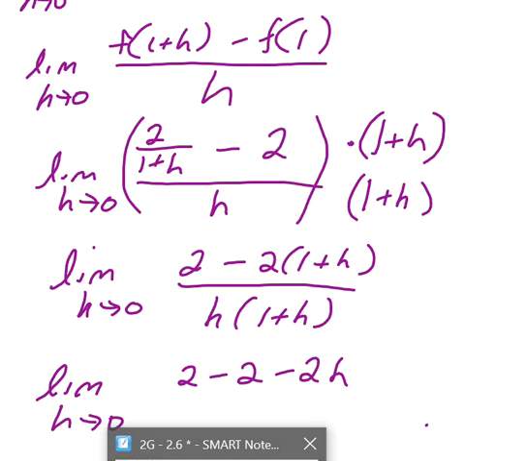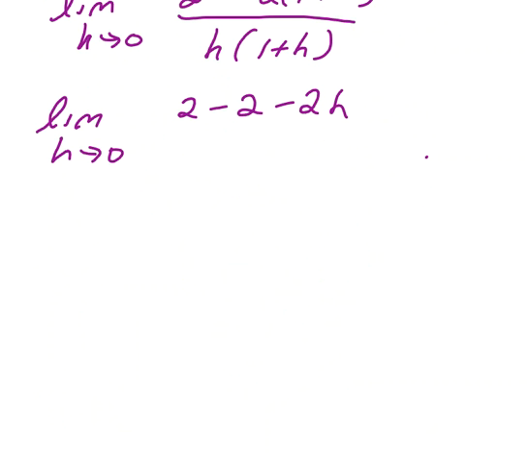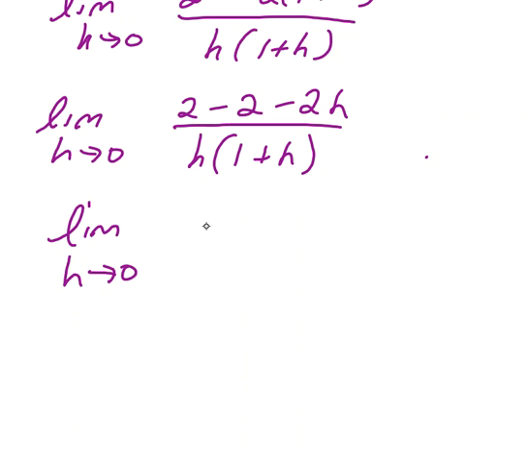Make sure you distribute that negative 2 to both pieces. And then I have h times 1 plus h at the bottom. The 2's are going to cancel. I'm left with negative 2h over h times 1 plus h.